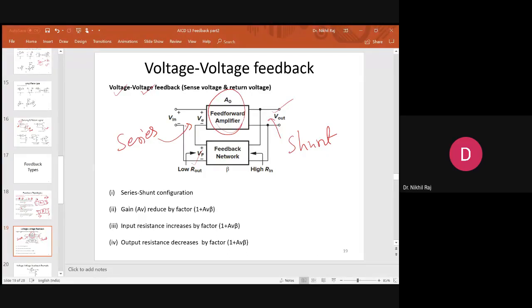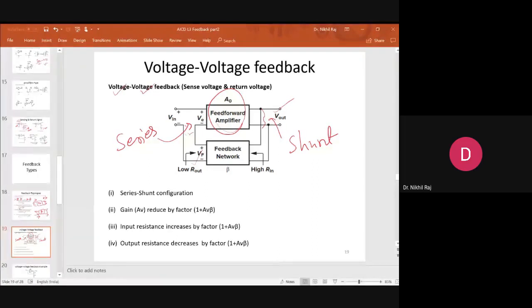So at the output I am making a shunt connection for the beta, and at the input I am giving series form. This means at the output of the amplifier, which is the input to the beta network, what should the resistance be? It's just like a voltmeter connection. So the input resistance should be very high, which means the beta network should have high input resistance.